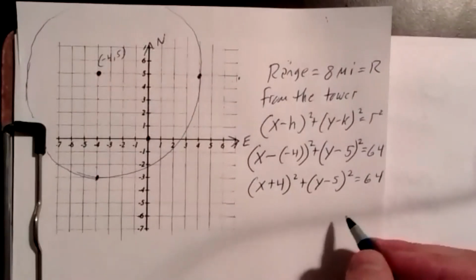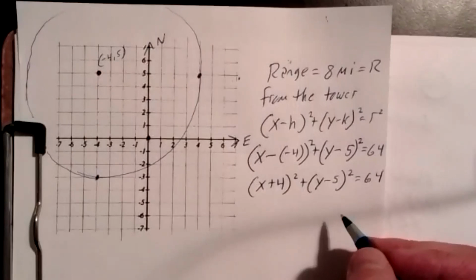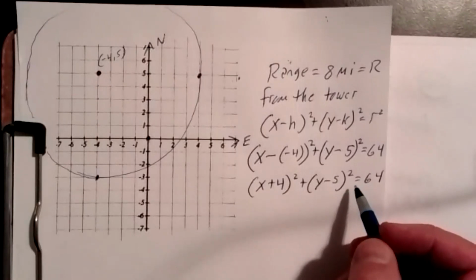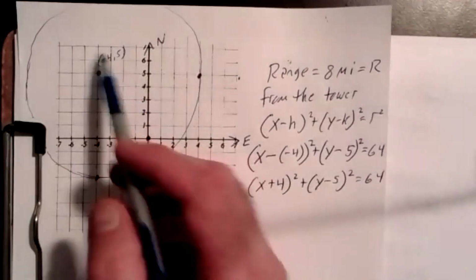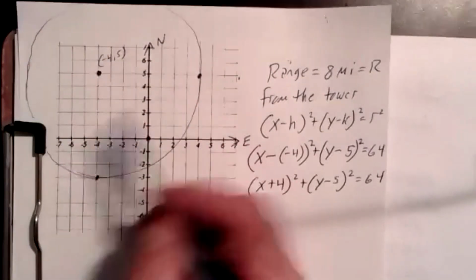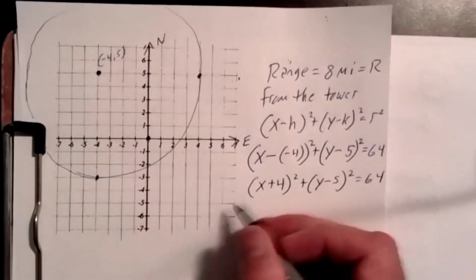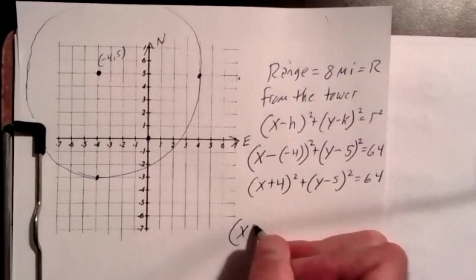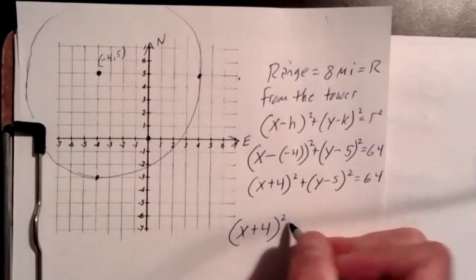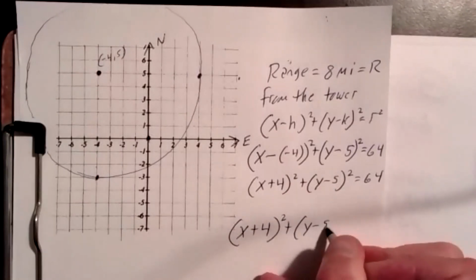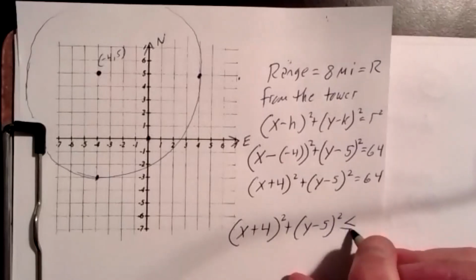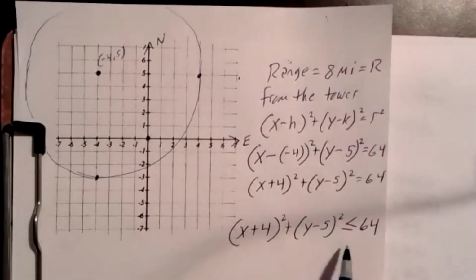So what inequality would I write that would represent where the signal can be reached by a home? Do you agree the inequality would be (x + 4)^2 + (y - 5)^2 less than or equal to what? 64? You agree?